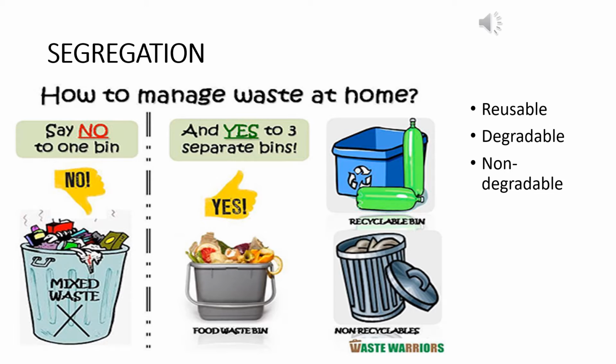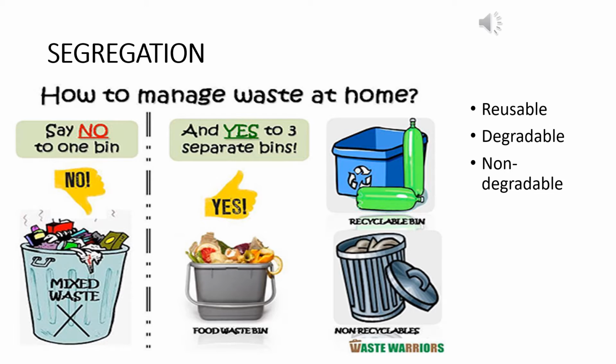Then from the rest of the waste, we need to separate them into two categories. One is the biodegradable waste, that is the wastes that can be acted upon by the bacteria and the fungi so that they can decompose it and convert it into manure or simple forms that can be mixed into the soil very easily. And the second portion is the non-biodegradable waste.